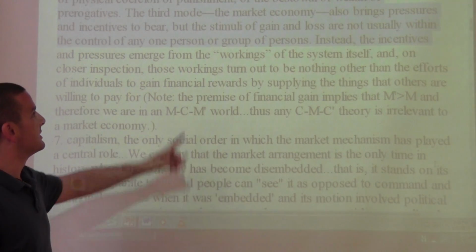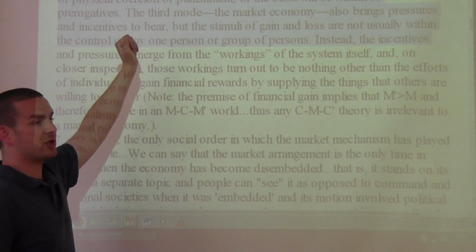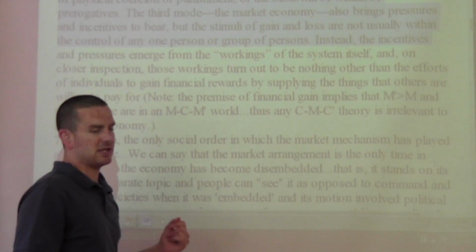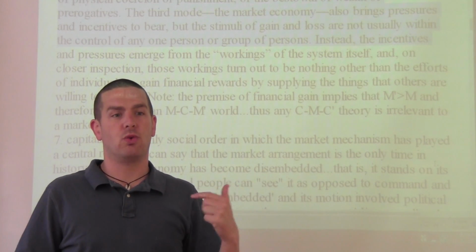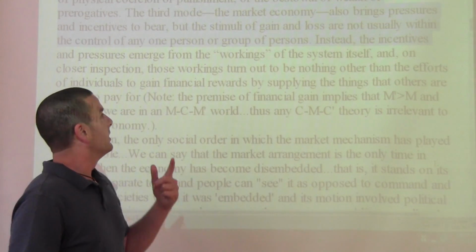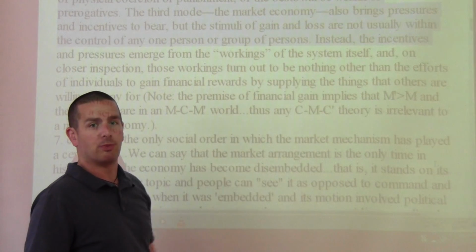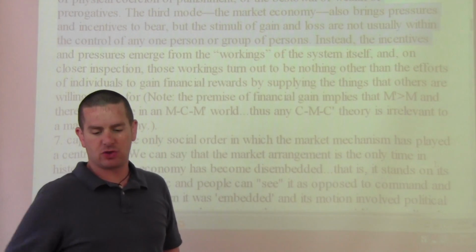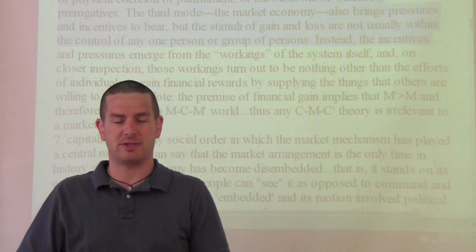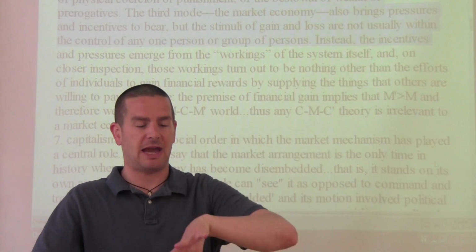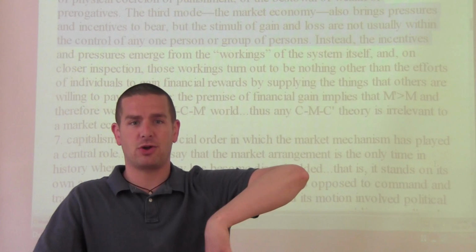The third type of economy is the market economy. And the market economy also has pressures and incentives, but the interesting thing about a market economy is that no one individual or no one group typically controls any other person or group. In other words, in a traditional society, if you're at your dinner table, or if it was Native Americans, it would be the Council of Warriors that controlled what everyone else did and thought.